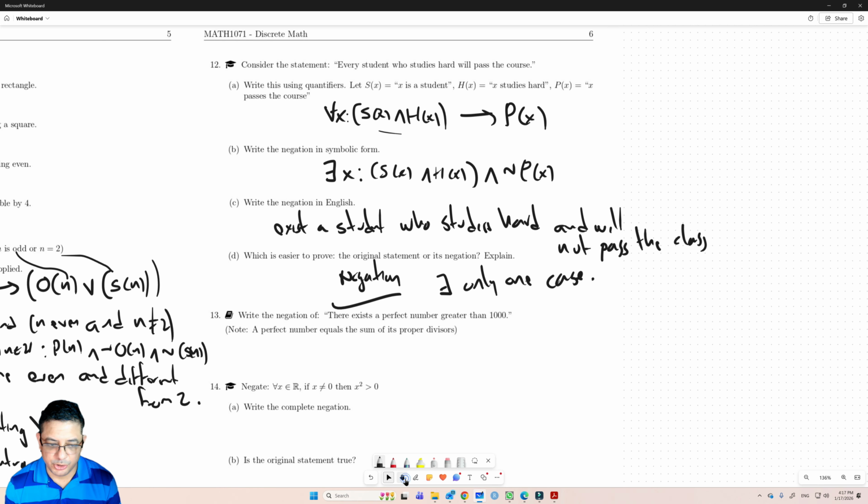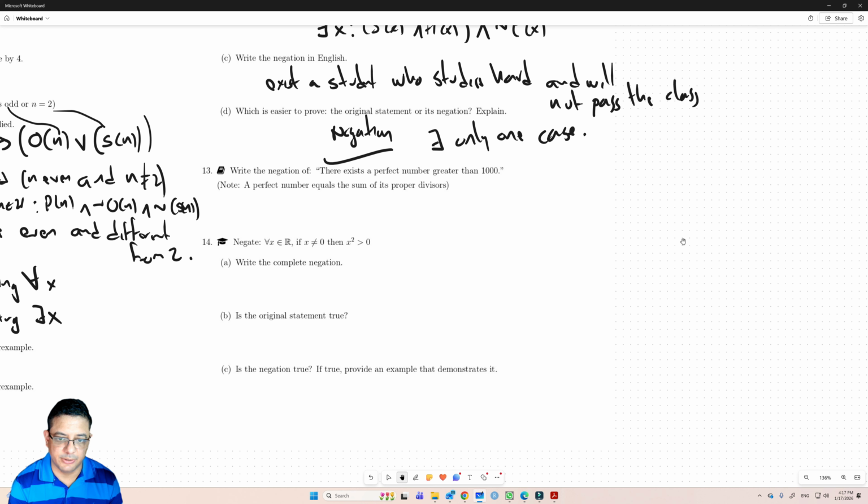Now, question 13. Let's write a negation of there is a perfect number greater than 100,000. So since it's a there exists, we're actually going to negate this with a for all, or every, to make it simpler.